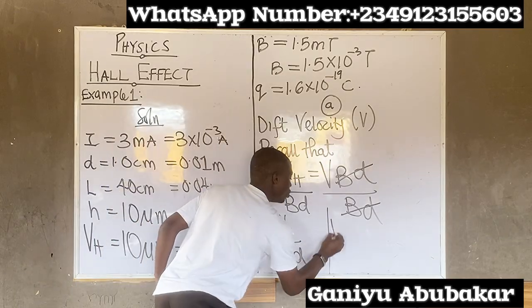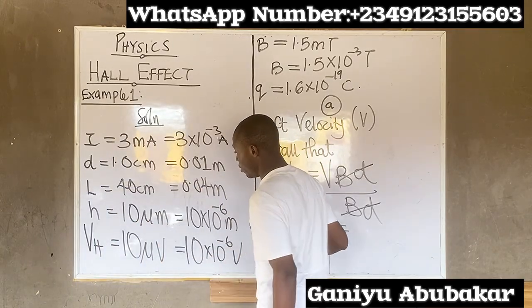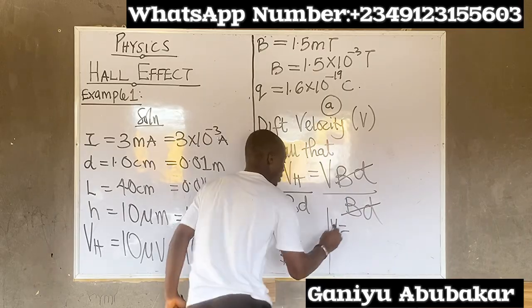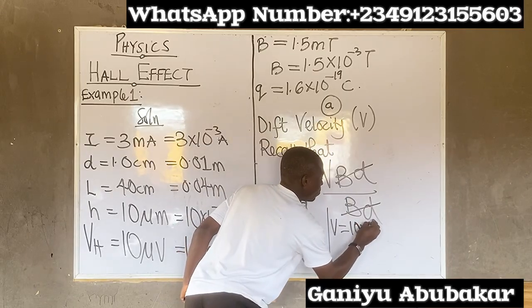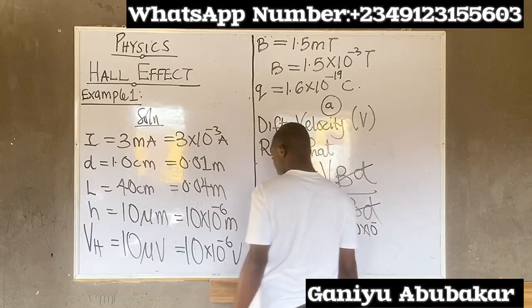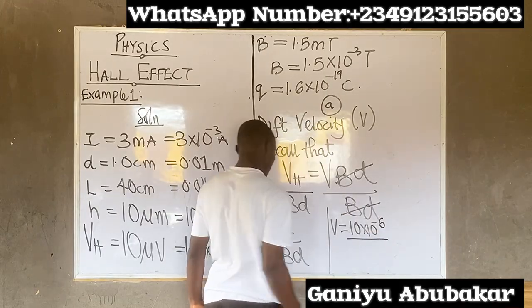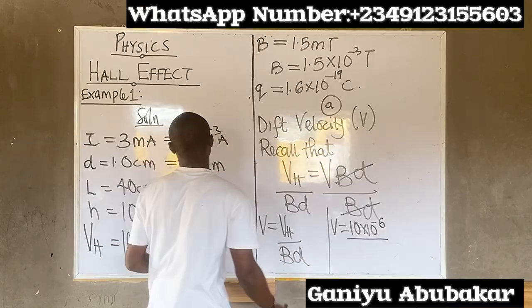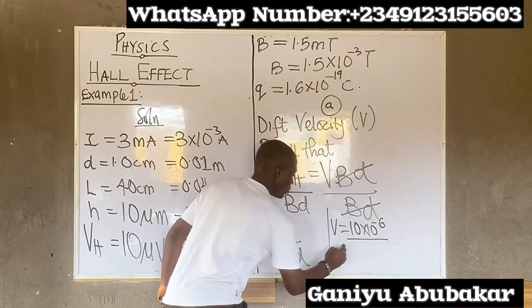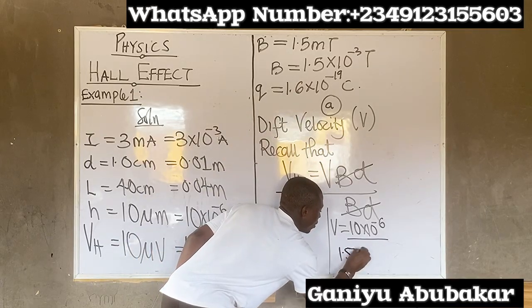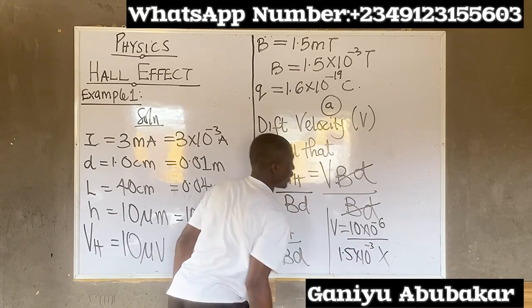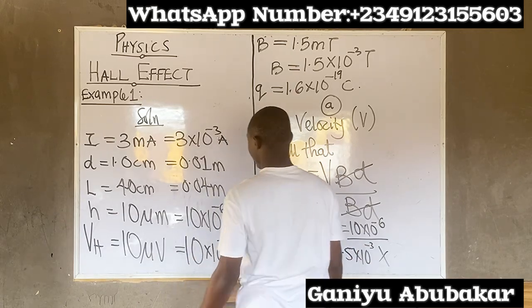This gives you v equal to, what's VH there? VH here is 10 times 10 to the power minus 6. That's VH. And B is 1.5 times 10 to the power minus 3, times what's d? d is 0.01.